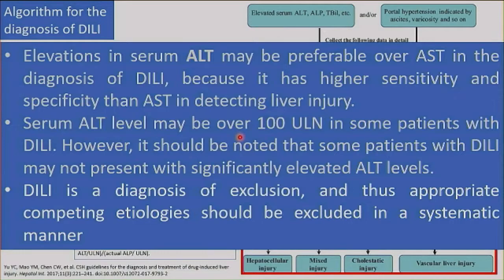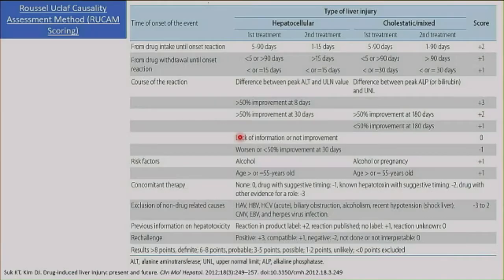And actually serum ALT can be over 100 times the upper limit of normal in some patients with DILI. However, DILI can present without significantly elevated ALT level. So if we see the ALT level increase is not more than 100, it doesn't mean that we say, oh, this is no DILI. Actually, we have to be careful to diagnose DILI, and we have to exclude some other etiologies of the liver injury.